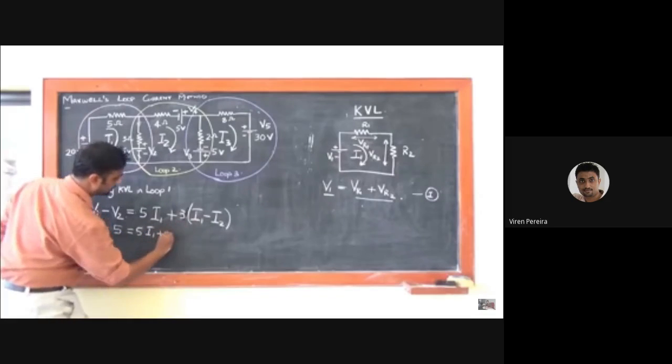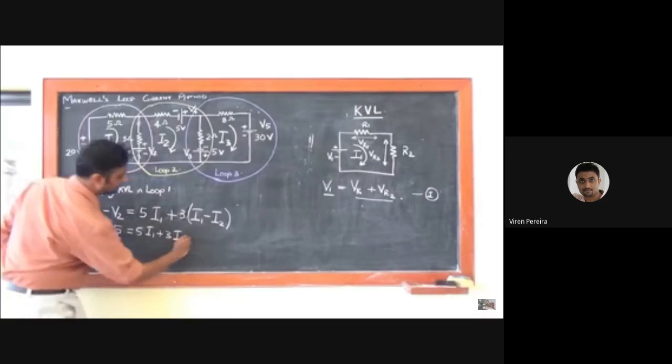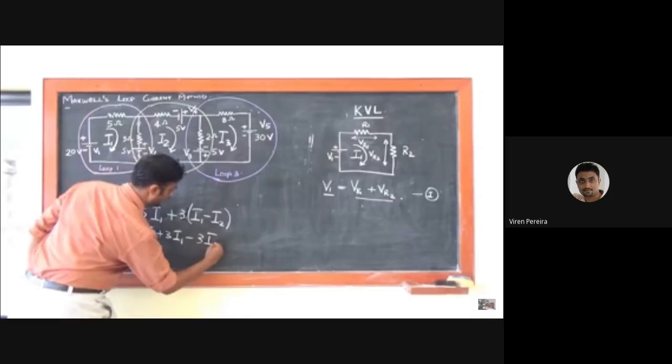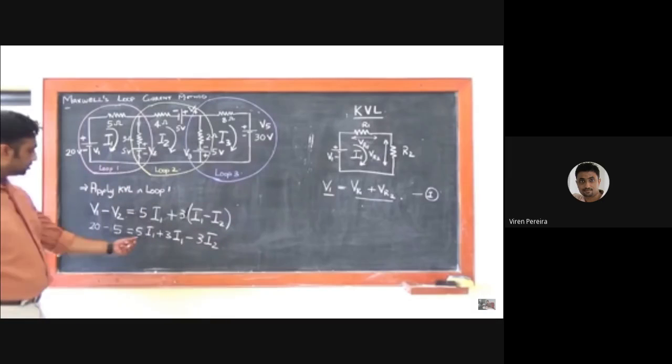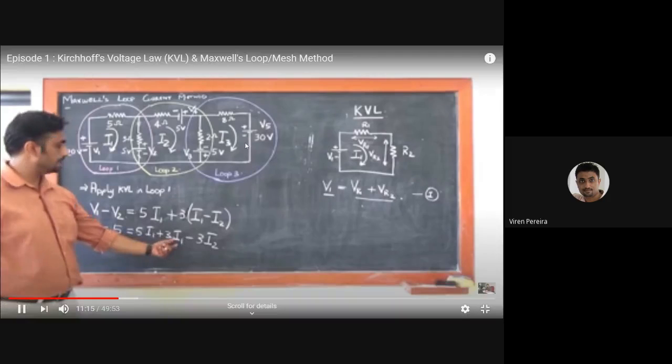We'll expand this. 3 I1 minus 3 I2. So we have 5 I1 and we have 3 I1.